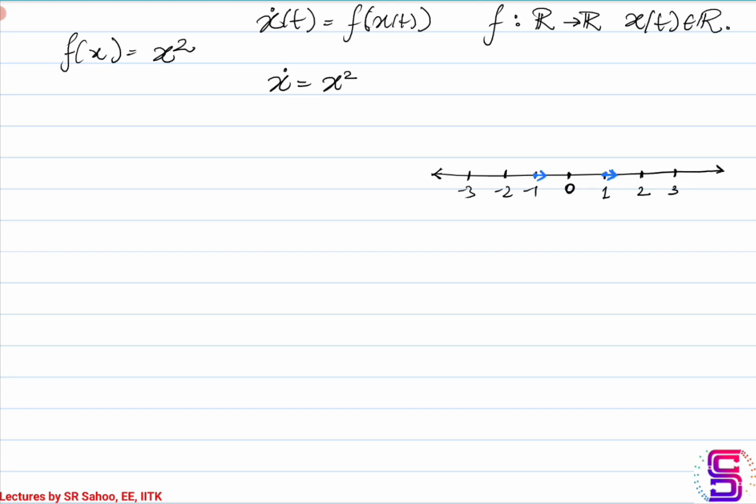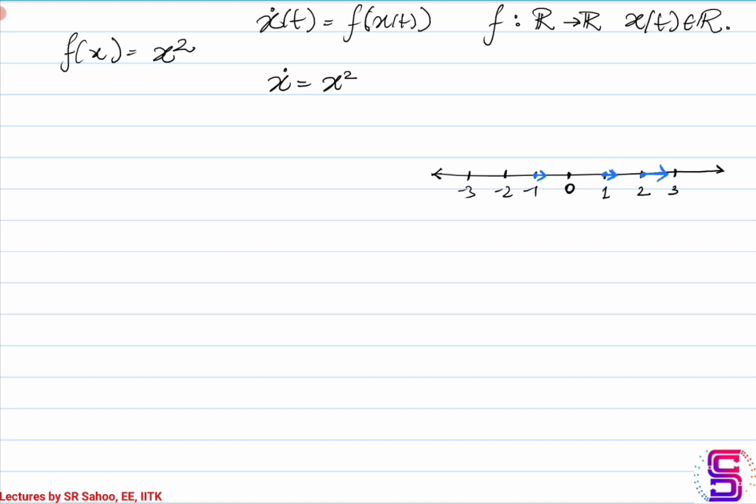Next, you go to x equal to 2. At x equal to 2, x dot is 4, and the vector here will start at 2, and let's say this is what the vector 4 would have as its length.